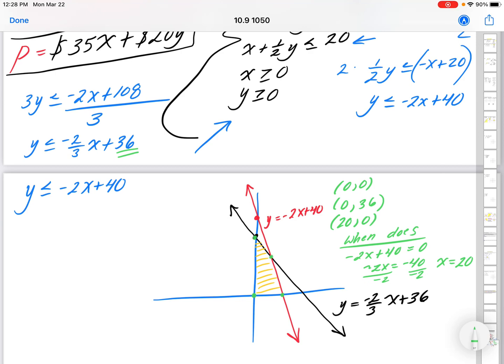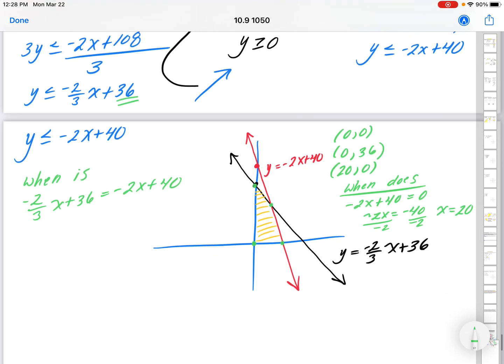And I want to know when these are equal. So when is negative 2/3 x plus 36 equal to negative 2x plus 40? If I'm solving that, I'm going to subtract 36, add 2x.